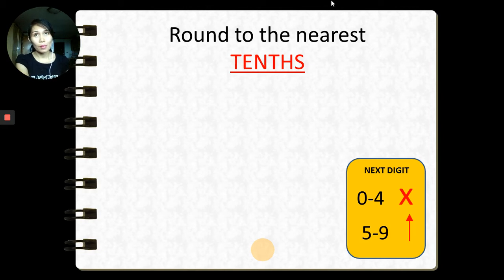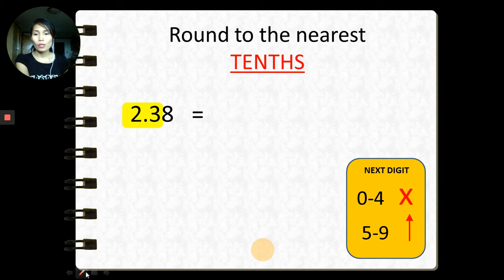Okay, so let's try to see round to the nearest tenths. Tenths means there should be one digit after the decimal point. So let's see in here, 2.38 or 2 and 38 hundredths. We have to round off to the nearest tenths. So tenths here is up to 3. Are we going to round up or down? When we say round up, that means we have to add 1. But if we say round down, just copy the numbers.